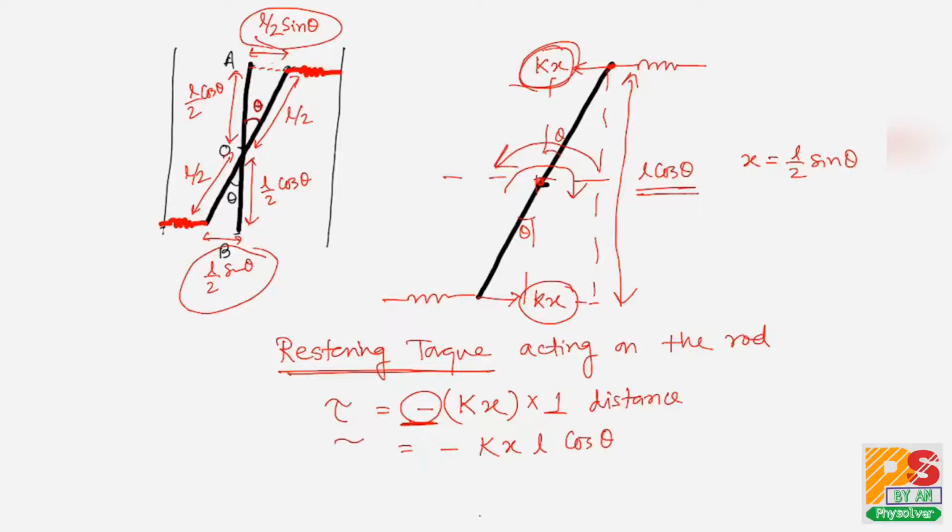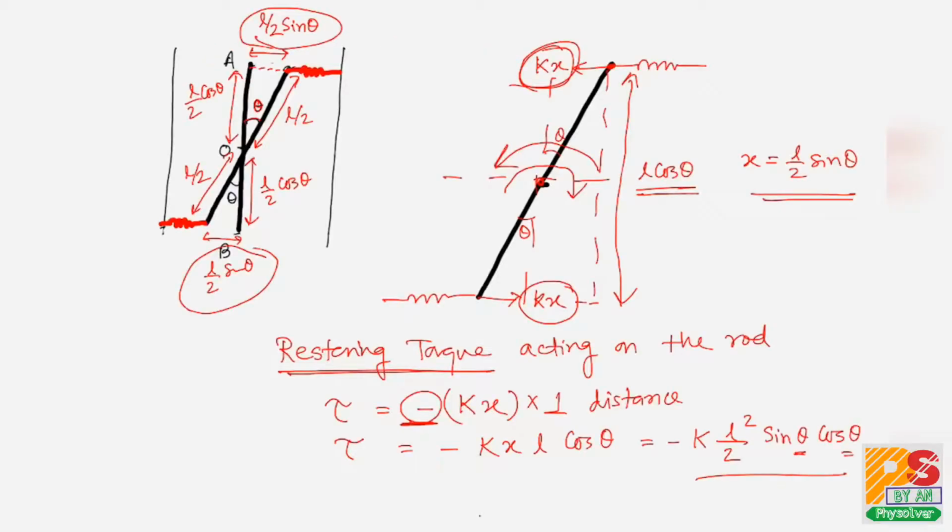So tau equals minus Kx L cos theta. What is x? As I mentioned earlier, x is L by 2 sin theta. So minus k into L square by 2 sin theta into cos theta. This is the restoring torque acting on the rod. Now in the question it is given that this angle theta is very small, right? Tau equals minus k L square by 2 sin theta cos theta.